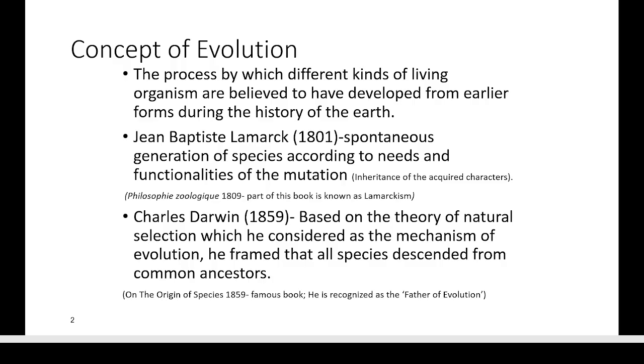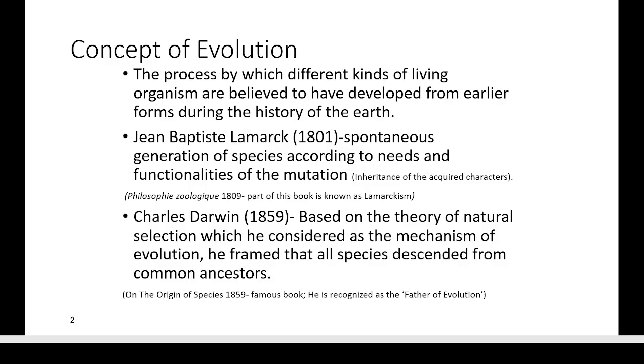It actually focused on the needs and functionality as per the environmental changes. Lamarck focused on the needs and functionality required as per the environment, and species adopted that. So that is also called the inheritance of acquired characters.